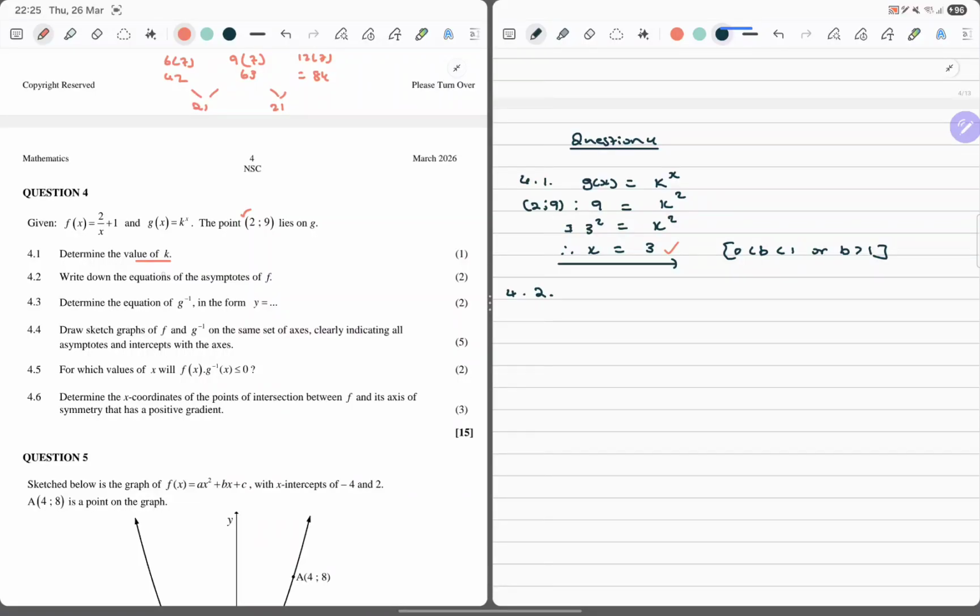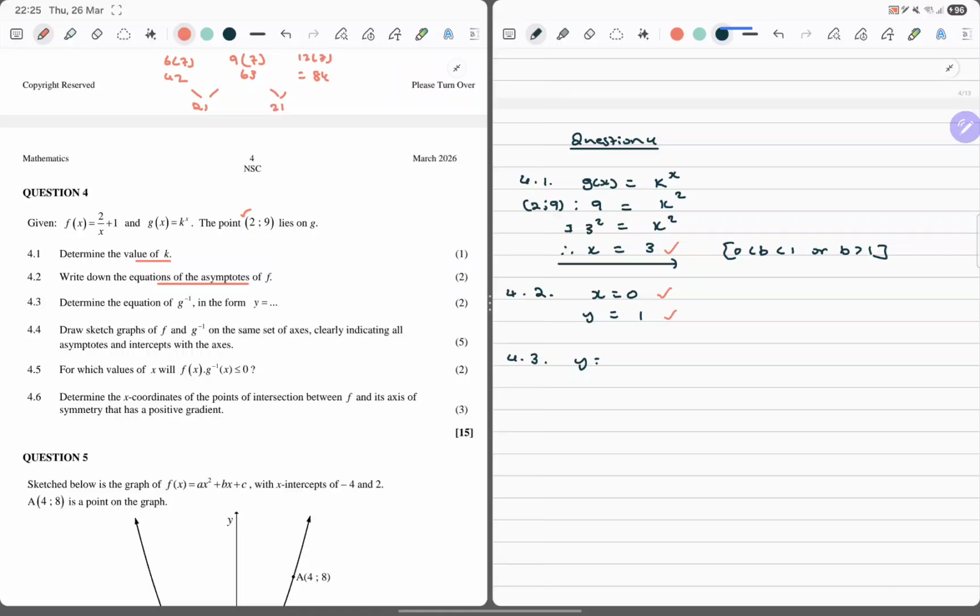4.2 says, write down the equations of the asymptotes of f. Well, the vertical one is x equal to 0, which is the y-axis, and then y is equal to 1. Nice and easy. So 4.3 says, determine the equation of the inverse of g in the form y equals.